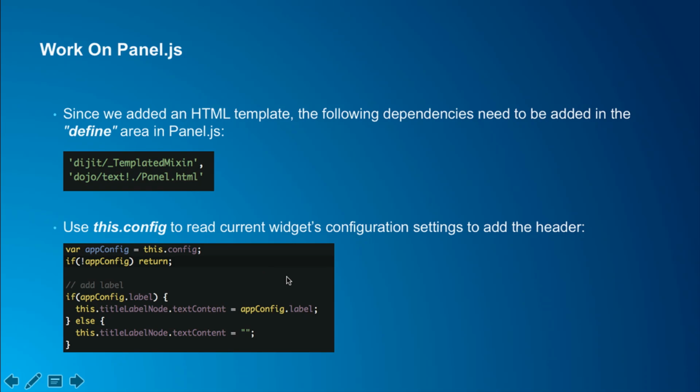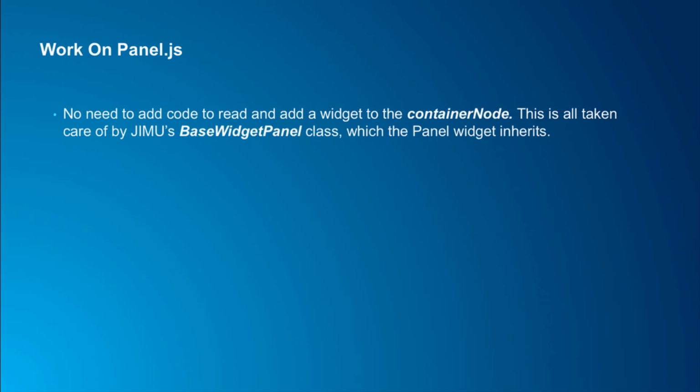And then the next step is to read the configuration of the currently open widget and get the title or the label of that widget and add it to the UI. Very easy.